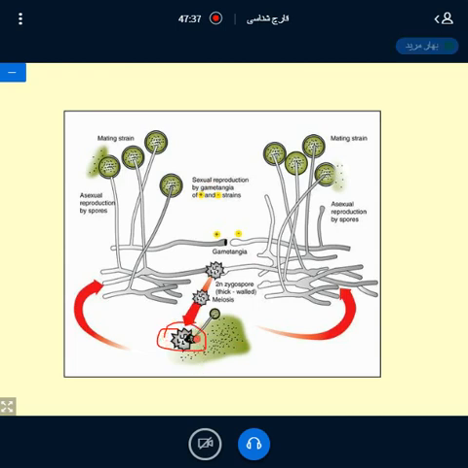This zygospore germinates and produces a sporangium, and the sporangium produces a very large number of aplanospores or non-motile spores.